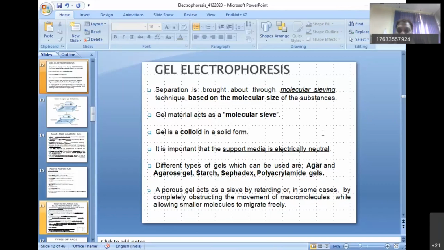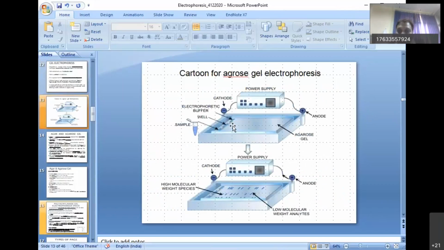So it can be divided into agarose gel electrophoresis or polyacrylamide gel electrophoresis, or there are other supporting media like starch and Sephadex, which you can use. So this is the cartoon for agarose gel electrophoresis. If you see here, there is the agarose. I think many of the students have seen that in the lab, and there is the power supply, and this is the cassette basically, where the tank, the buffer will be put, and your agarose gel.